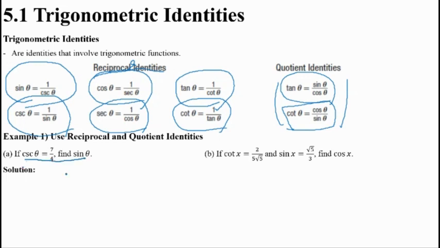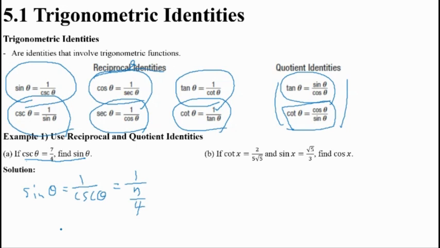Find the sine theta. Okay, so we already know sine theta equals 1 over cosecant. So 1 over 7 over 4, which is 4 over 7.